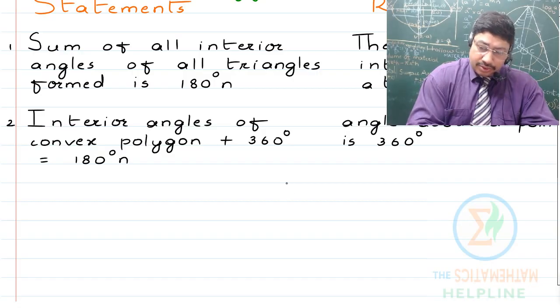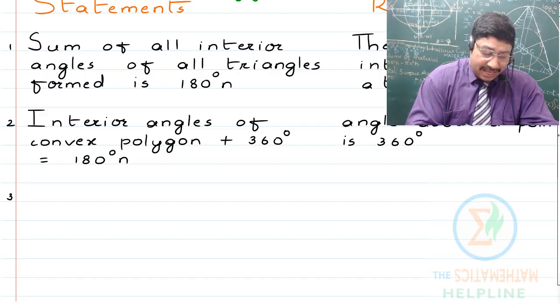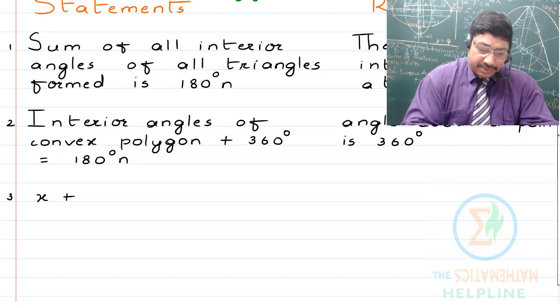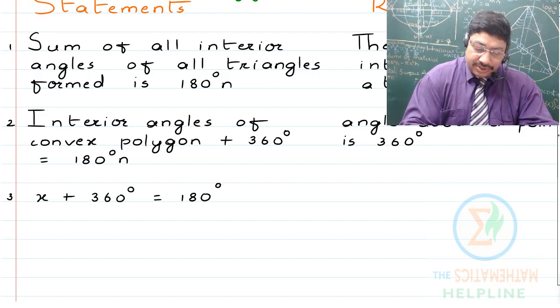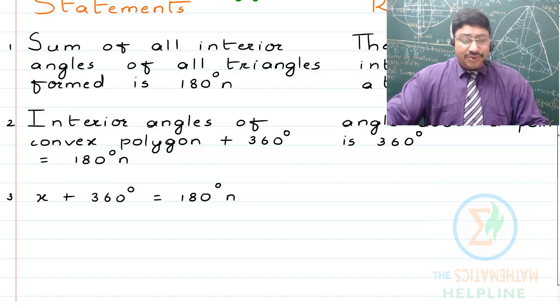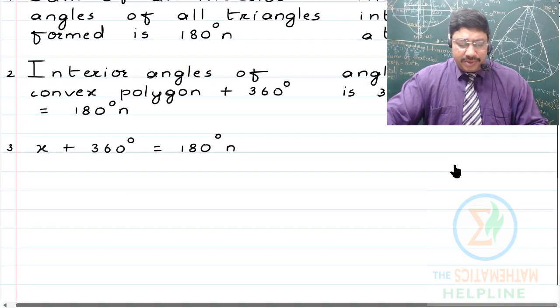So next, if we talk about this x, to which we add 360 degrees, we should be able to get 180 multiplied by n. As you know, we've got to make x the subject of the equation, right?